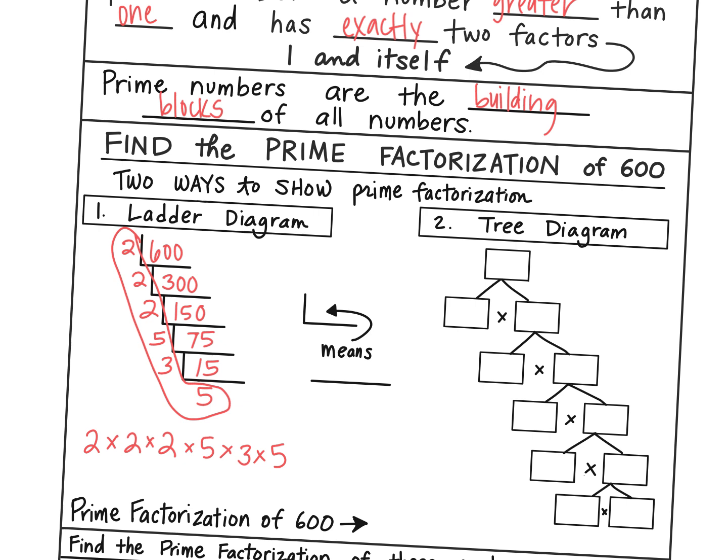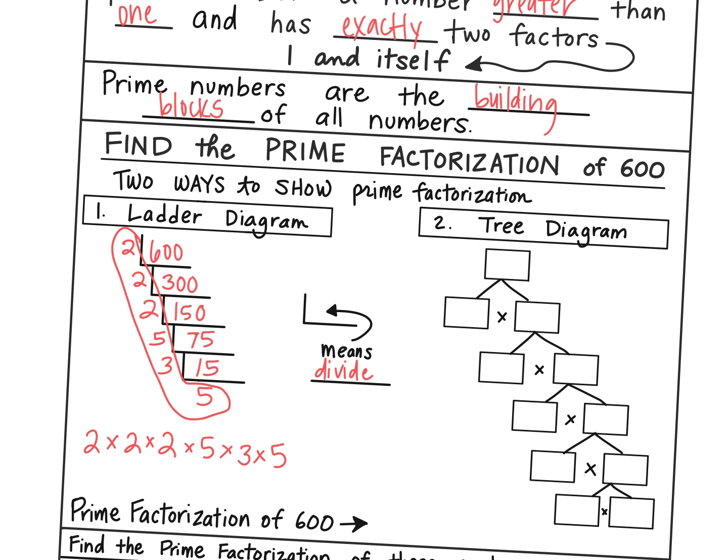And what am I doing each time with this upside down thing? It means divide. It's like an upside down division. That's one way to get all of my prime numbers.